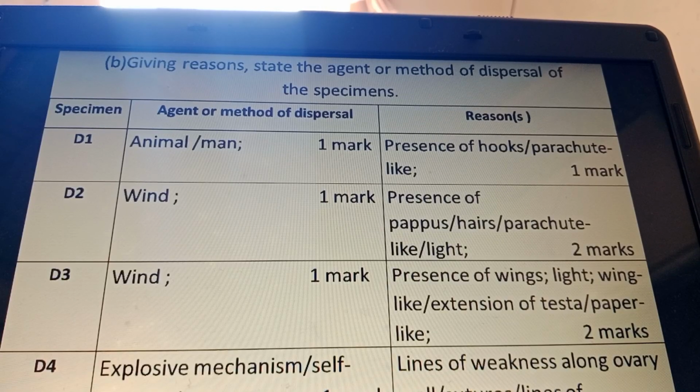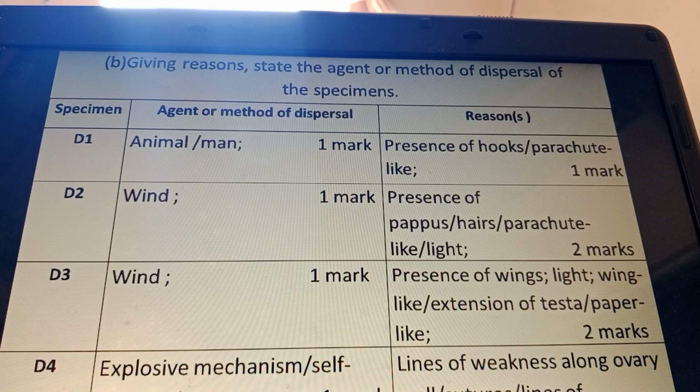So, specimen D1, agent of dispersal, animal, or you can say man, you get a mark. Reason is the presence of hooks or parachute-like. Specimen D2, wind, 1 mark. Presence of papules or hairs or parachute-like, or it is light. D3 is wind.